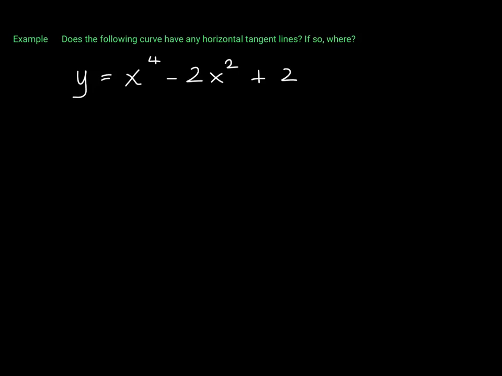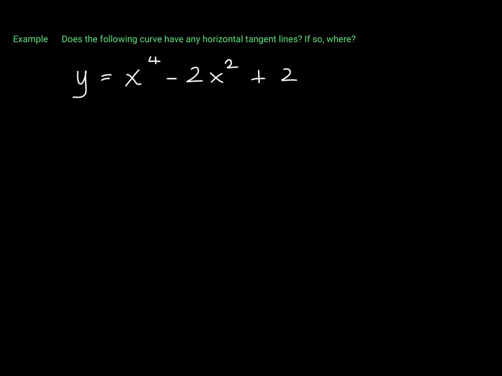Why? Well, because the derivative describes the slope of the tangent line at this curve. And if the tangent line's horizontal, that means the slope of that tangent line is equal to 0. So this is the idea.